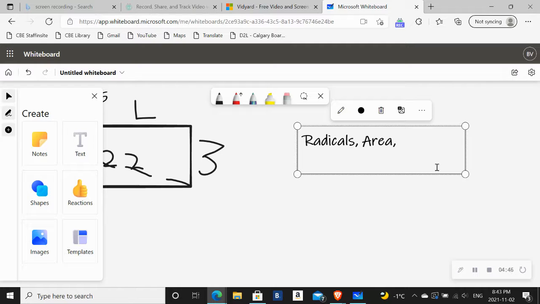And what I mean by area is A equals length times width, that type of stuff, perimeter and so on. We're going to be using quite a lot of these in these questions, and so that's important.